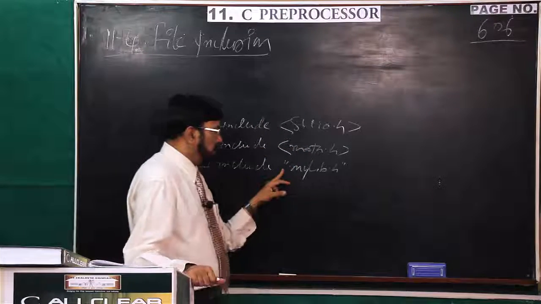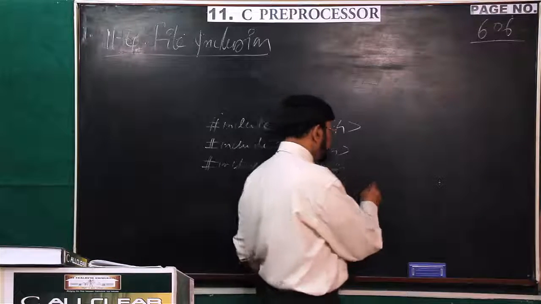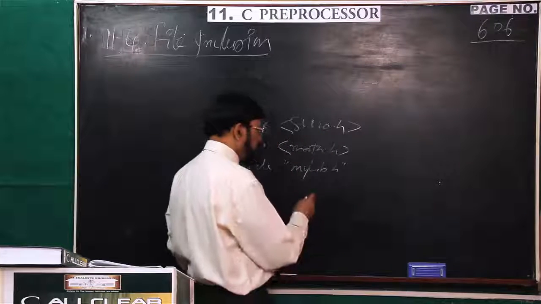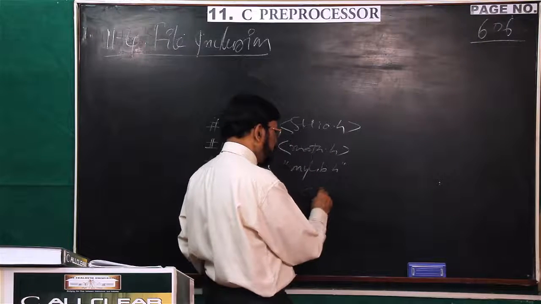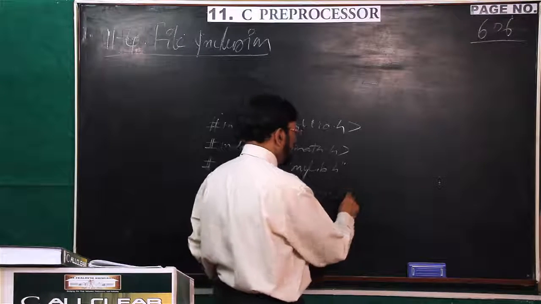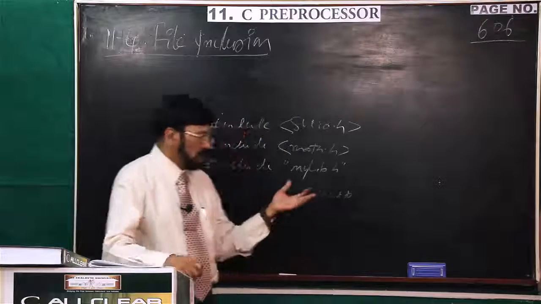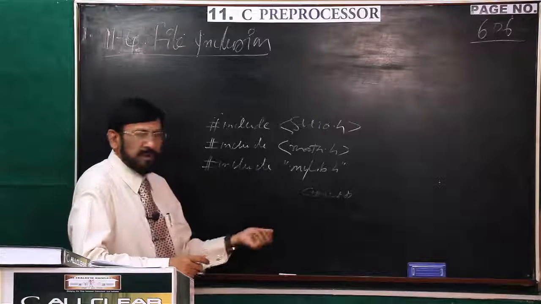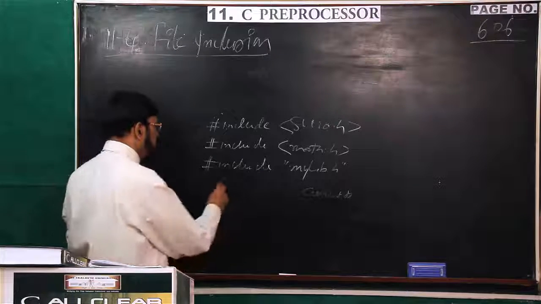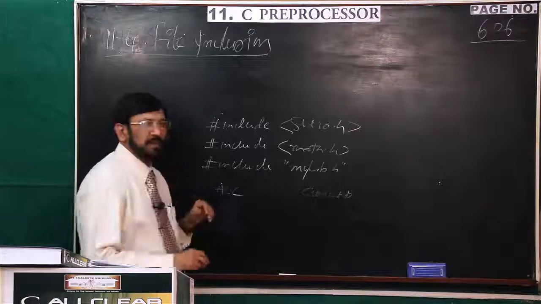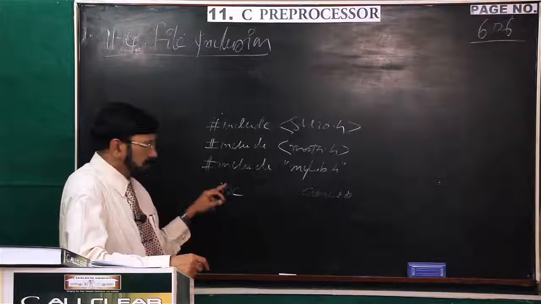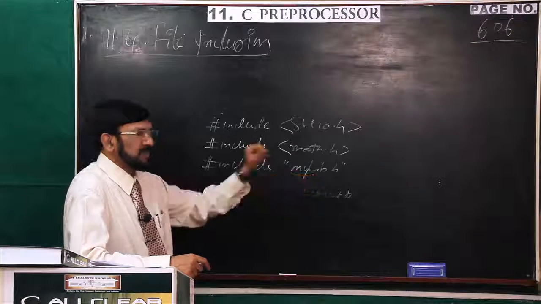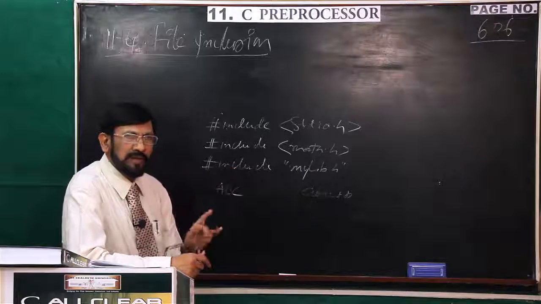If you write it with quotes, it searches for this header file in the current directory. Current directory means you stored your program in a particular directory named ABC. So in that directory only, it searches for this header file. That is the only thing.